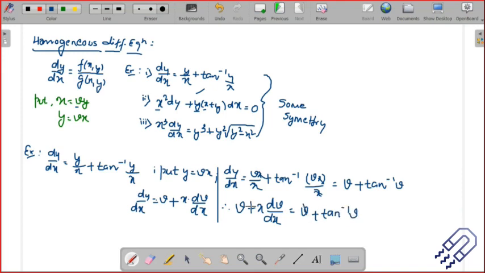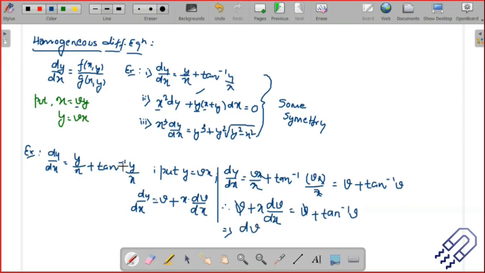So this v and this v will just cancel out, and then we can use the variable separation technique. If you remember from the last class, the variable separation technique is simple. I'll take x together and v together. So this is tan inverse v and this is dv.